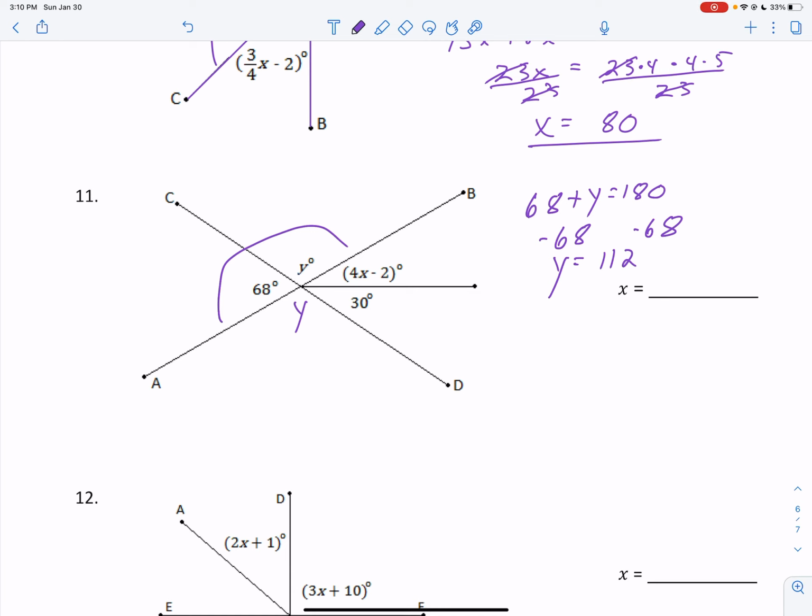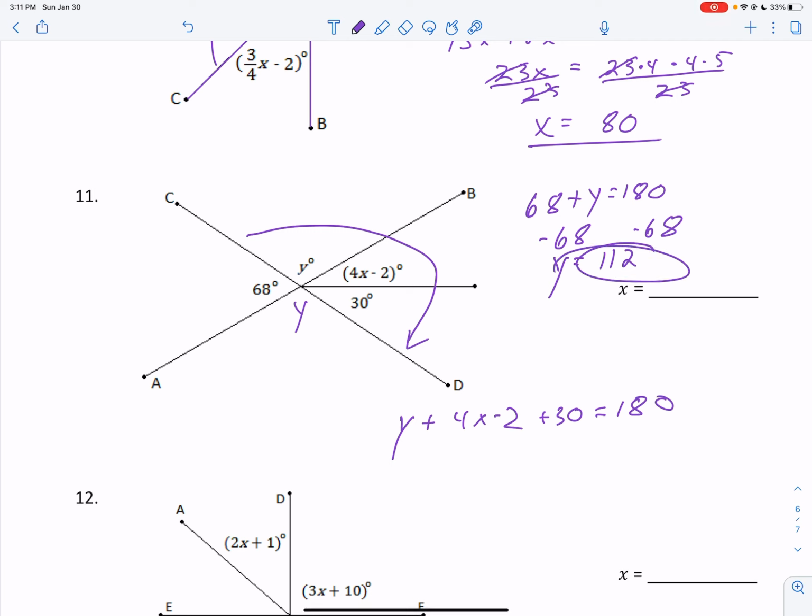Now, a couple ways to do this next one to find x, there's a lot of ways to do it, but you can also use the sum of angles. Just gonna keep saying this. The sum of angles at a straight line is equal to 180 degrees, and you'll get y plus 4x minus 2, that other angle, plus 30 equals 180. Let's simplify a little bit and replace y with what it's equal to.